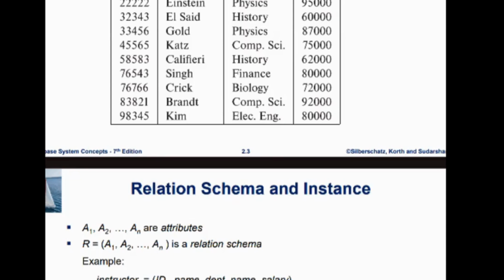Next one is database schema. What is a database? Do you have any idea about what a database is? It stores data. Fine, very good. What is data now? What is information?